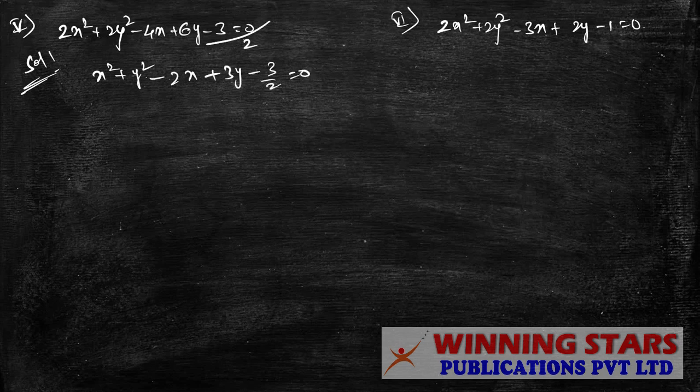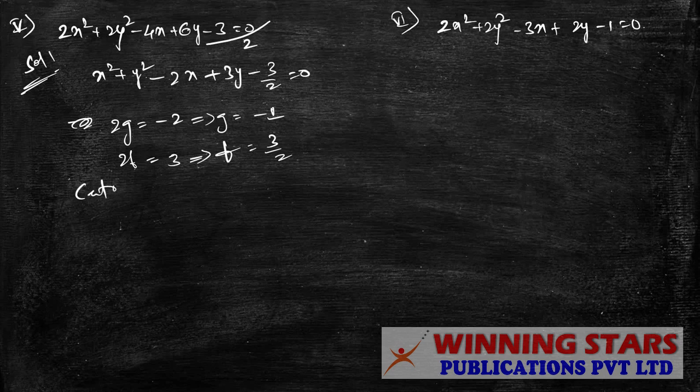So here from this, minus 2g is equal to minus 2, and g is equal to minus 1, and 2f is equal to 3, and it will become f is equal to 3 by 2. So center is minus g comma minus f, so for this it will become 1 comma minus 3 by 2.